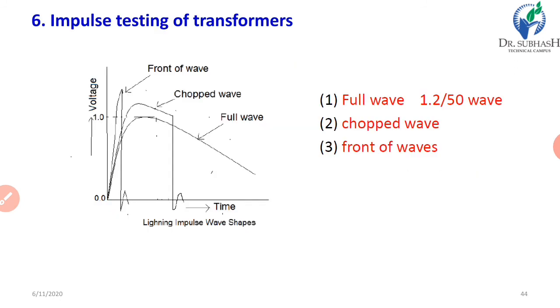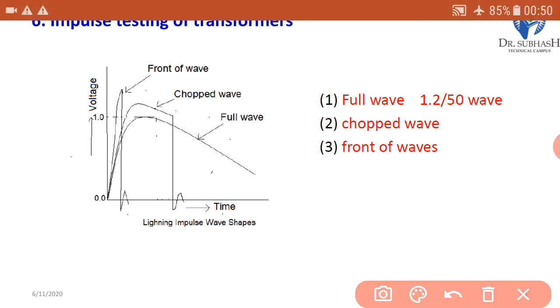Here we can see the impulse testing of transformer, and the impulse waveform is given in this figure. The title shows lightning impulse wave shapes, and on the x-axis there is time, and on the y-axis there is voltage. So different wave shapes are there.